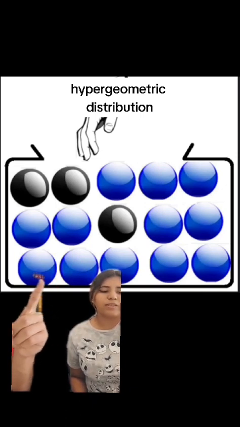The hypergeometric distribution is a concept in statistics that we use when we want to count things in a group of objects without putting them back after choosing them. An example could be if you have a box with red and blue balls, and you want to select a certain number of red balls without replacing them.